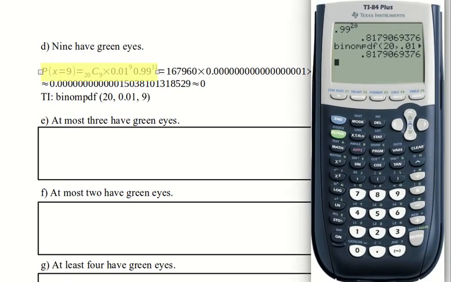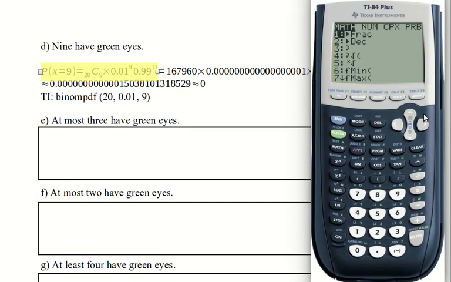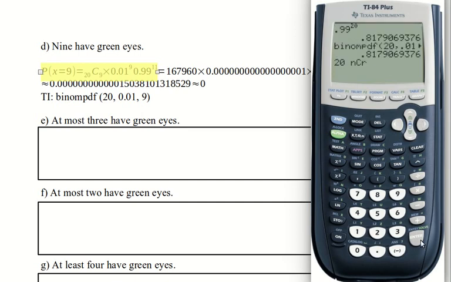So let's do that in our calculator. So I'm going to enter n, so there's the 20. I'm going to go into the math menu, over to probability, down to nCr, and enter 9. I want to arrange 9 things without concerning myself with order among 20.